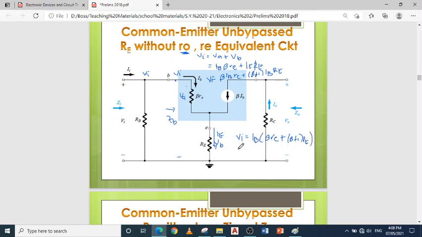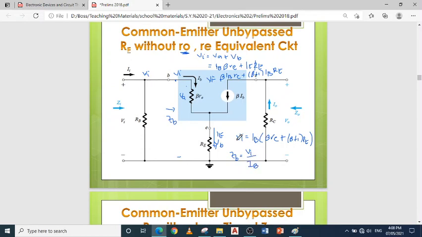And then, to solve for ZB, ZB is equal to voltage divided by IB, so VI divided by IB.